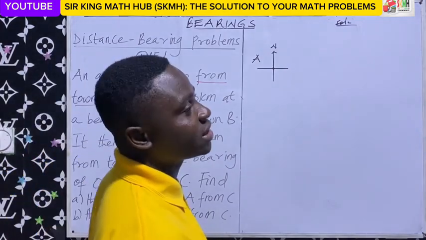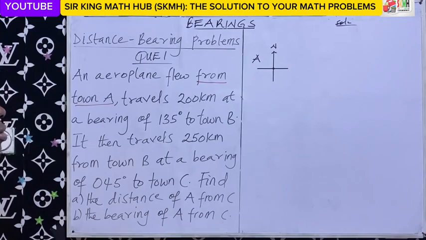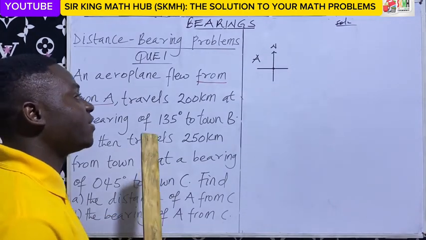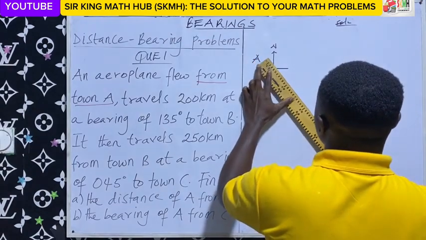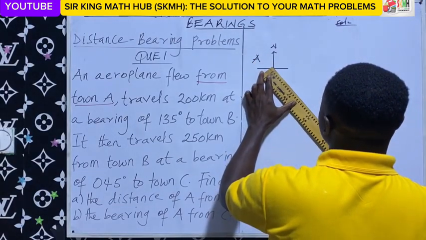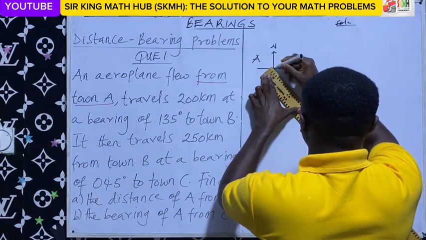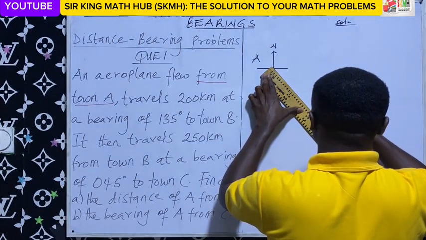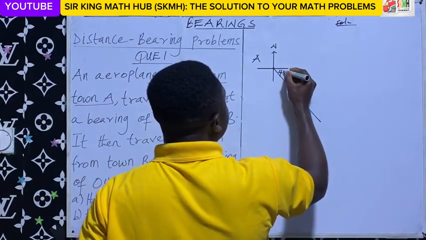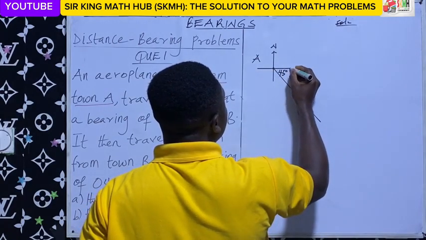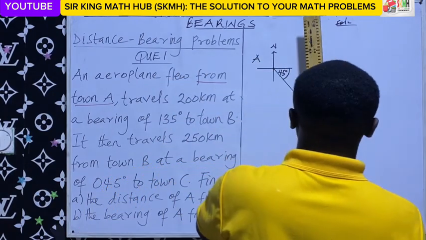So let's put on our thinking caps. 90 degrees plus what angle will give us 135 degrees? Clearly that is 45 degrees. So this angle here should measure 45 degrees.